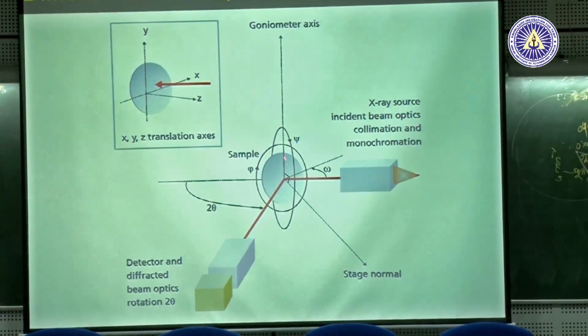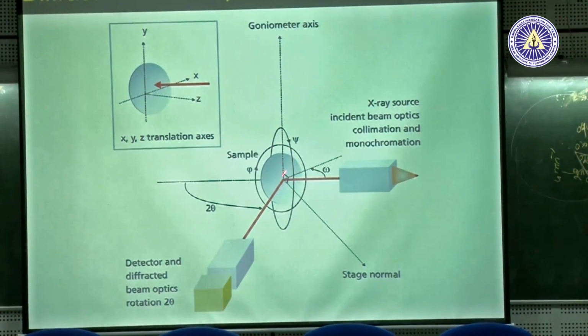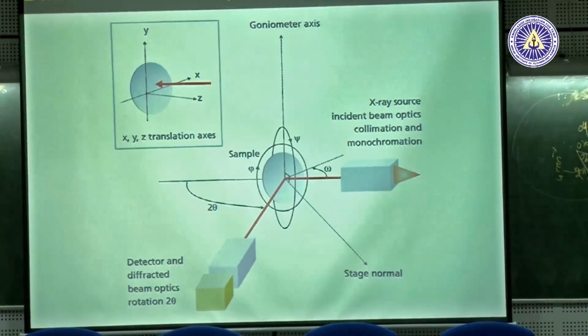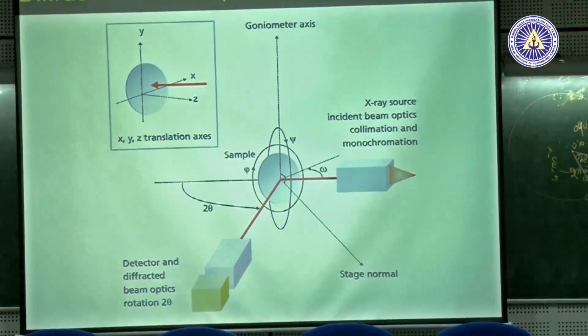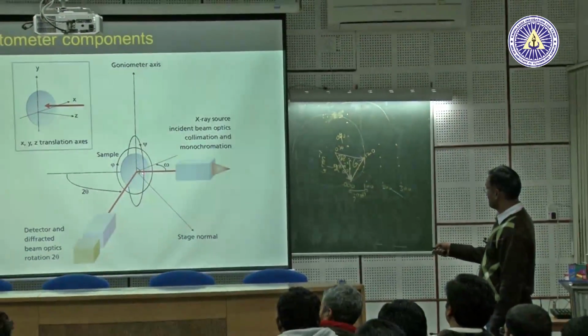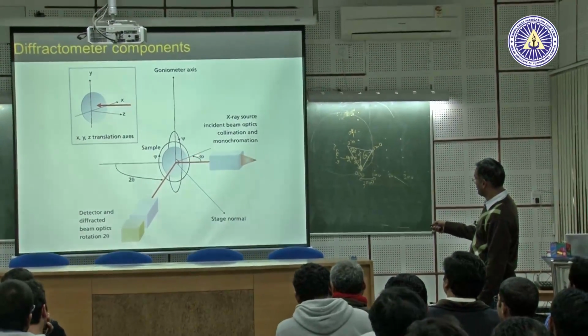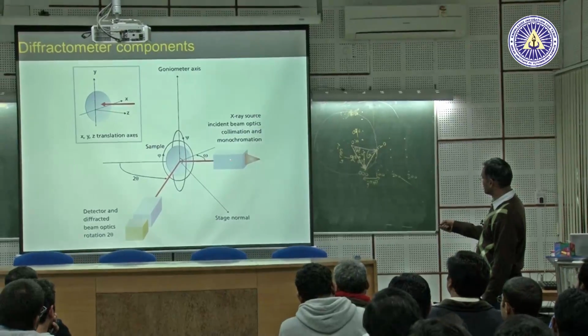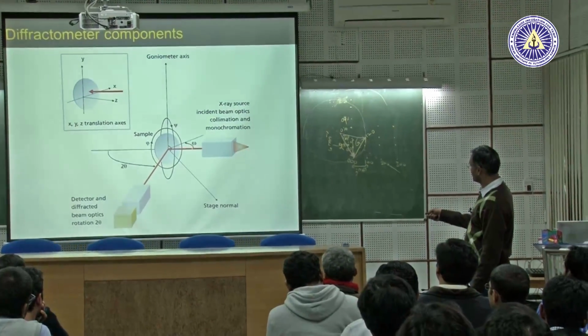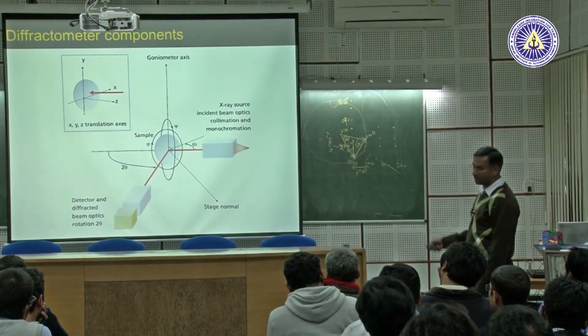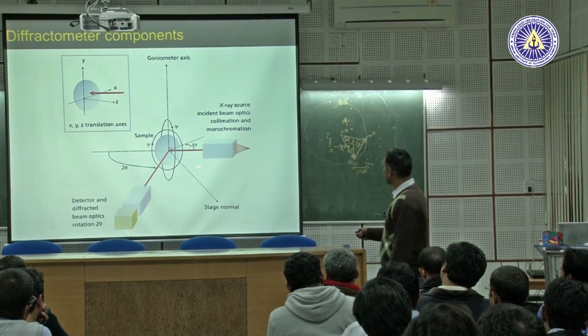This is not the goniometer axis. The goniometer axis is the axis perpendicular to the complete cradle. This line lies within the sample plane, and the angle made by the X-ray beam and the sample plane is the omega angle.